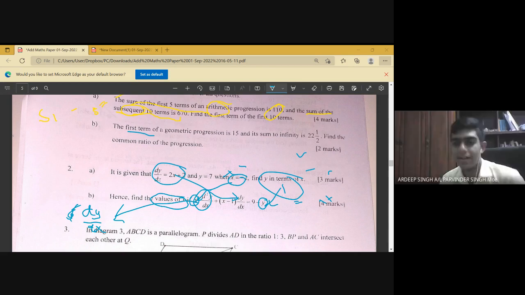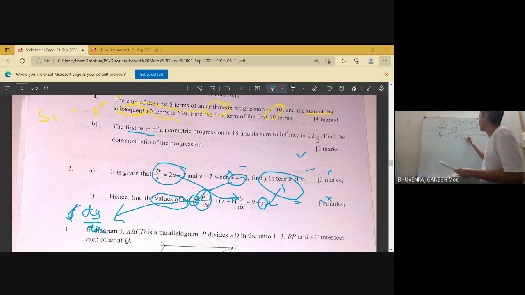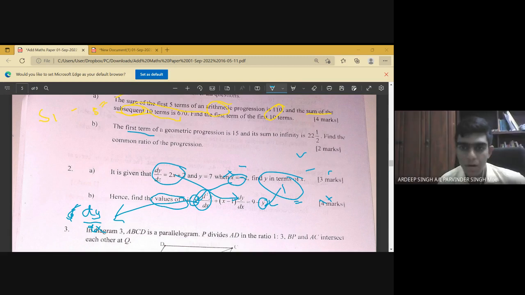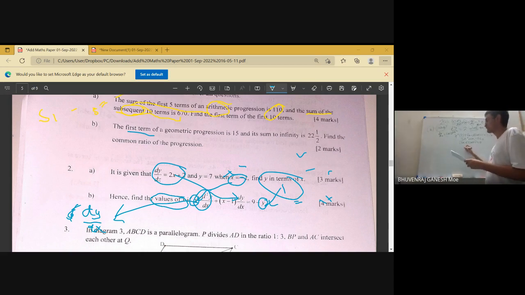Then it's normal, so I go directly to this part where you form the quadratic. You shift everything, make it equal to 0, and then do the factorizing part. This is what you should expect in a question where there are values of x, because you're expecting two values. But sometimes when you do questions, you have to also think logically, because mathematically you get two values, but logically one of them might not be accepted.